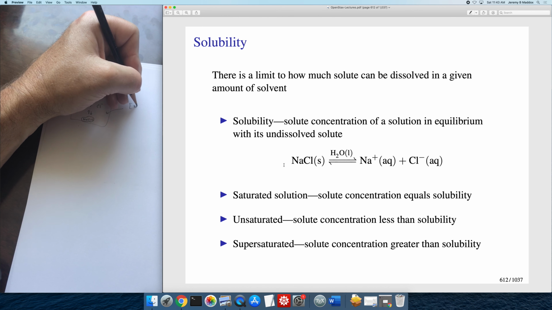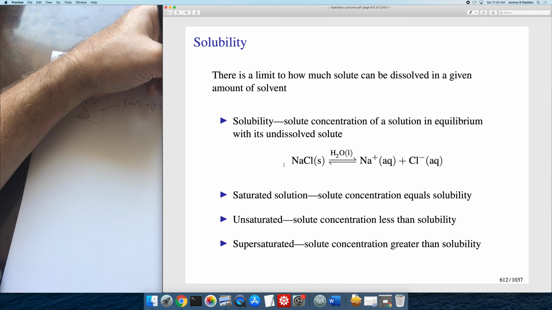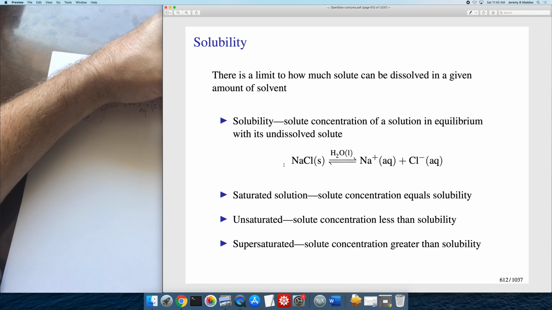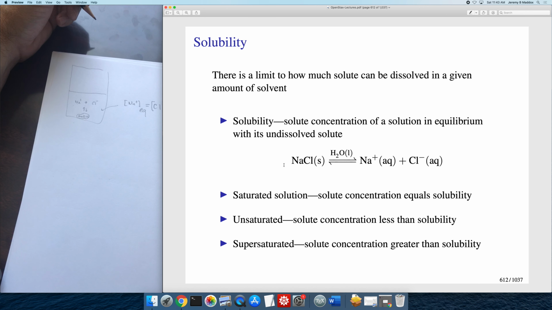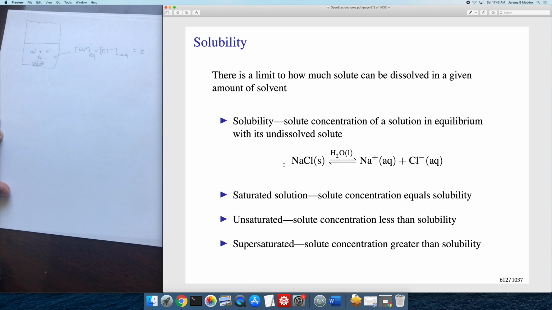So when we have an equilibrium set up between the undissolved solid and the dissolved ions, the concentration of, say, the sodium or the chloride, due to the stoichiometry, those would be equal, at equilibrium, is called the solubility. And I'll use a lowercase s here. And so we might express that in units of moles per liter, or you could express it in terms of grams of sodium chloride per 100 milliliters of solvent.